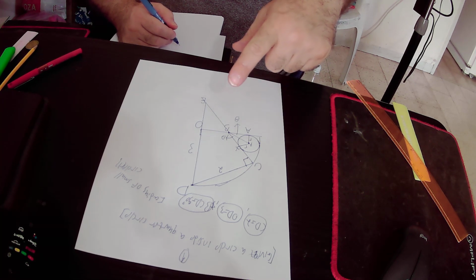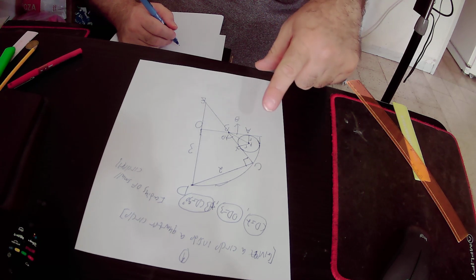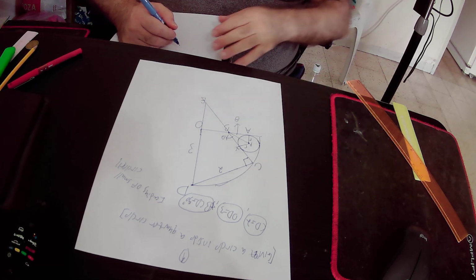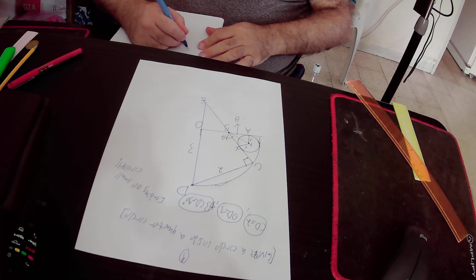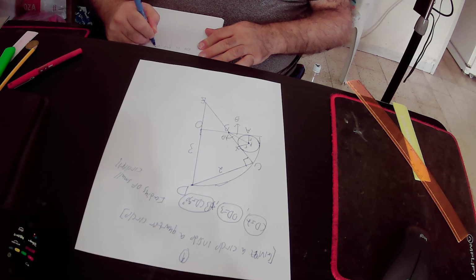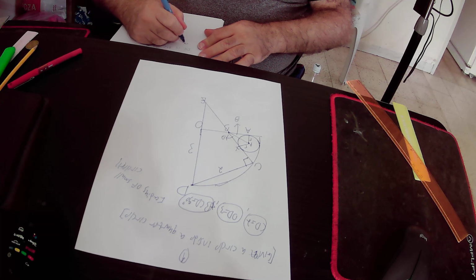So DE is the diameter of the quarter circle. Okay, DE is the diameter of the quarter circle.